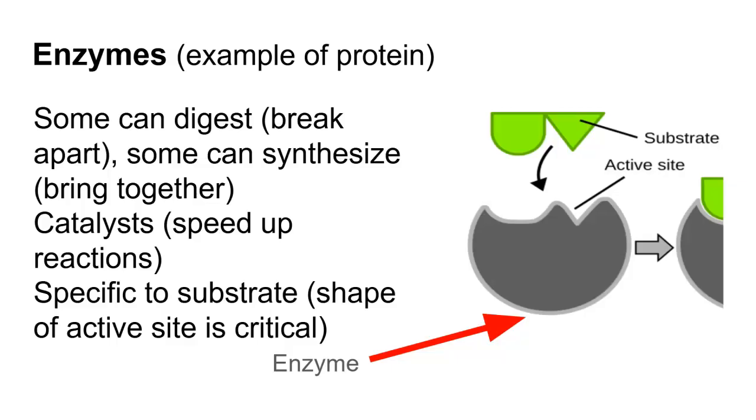They have to be shaped in a certain way to bind to a certain carbohydrate or any kind of molecule. Okay, they are not going to just Velcro onto anything. They have to be shaped in a certain way. But when they are, then, so for example, here's the substrate. Let's say this is lactose. If it fits directly into the enzyme, then this enzyme is able to do its work. Okay.